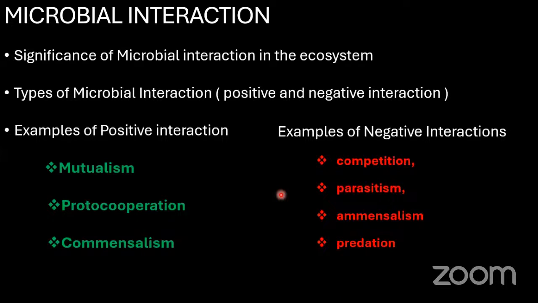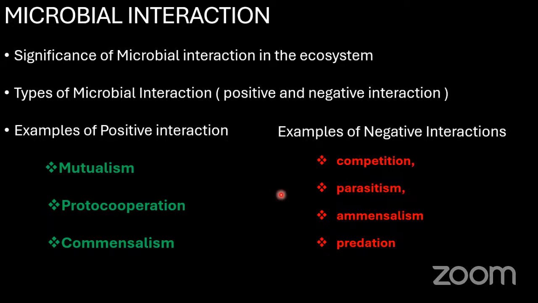Also, we have some organisms on our skin that benefit from living there, and we are not affected by it. We call them commensals. They live on our skin and survive there, but we have no benefit from them, and we are not harmed.